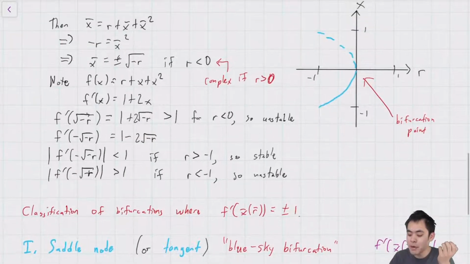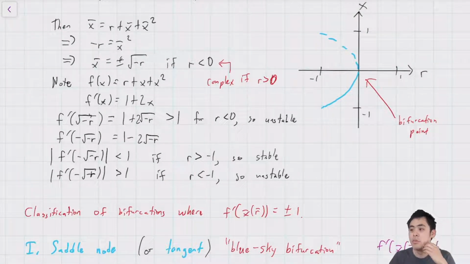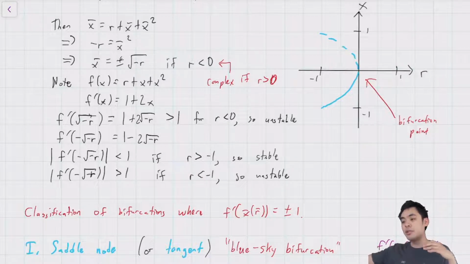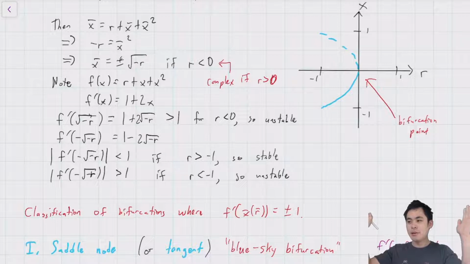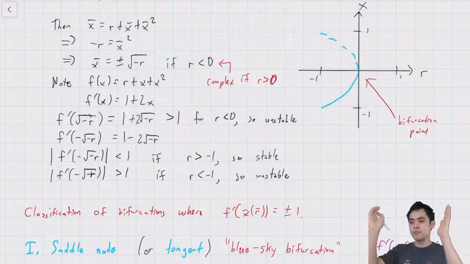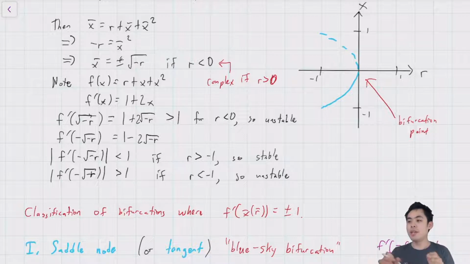This is a blue sky bifurcation because if you go from the right to the left, sorry, everything's mirrored for me, you'll see that you don't have any equilibria, and then all of a sudden you have two equilibria. They just pop out of nowhere.